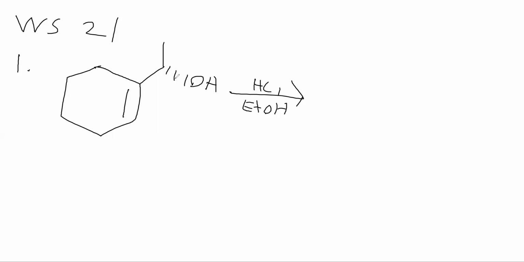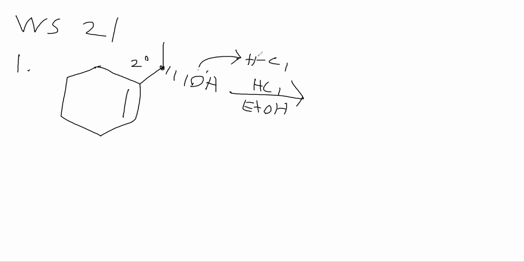If it's primary, it's going to be SN2, and if it's tertiary, it's going to be SN1. But the substrate with the leaving group, this is an allylic position on top of being secondary. And allylic is good for SN1 because I can go ahead and show the mechanism, I suppose.